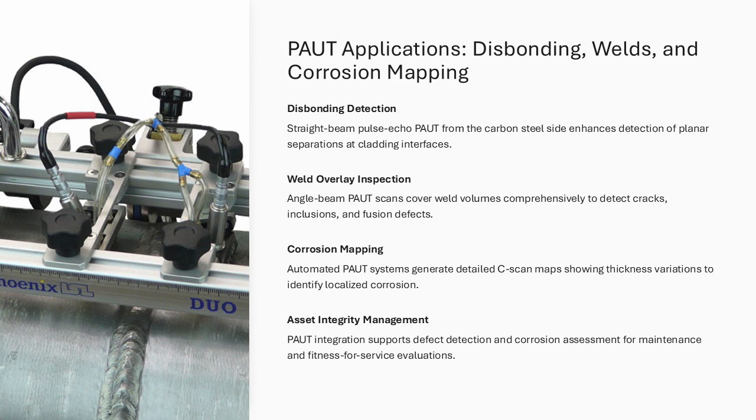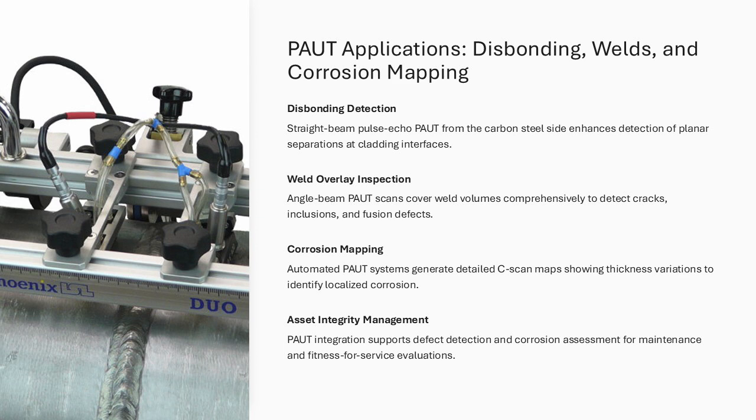In corrosion assessment, automated PUT systems can generate high-resolution C-scan maps that provide a detailed thickness profile over large surface areas. This is particularly valuable for identifying localized corrosion or erosion that may not be detected with spot measurements. From an engineering standpoint, these thickness maps support remaining life calculations, corrosion rate analysis, and fitness for service evaluations.